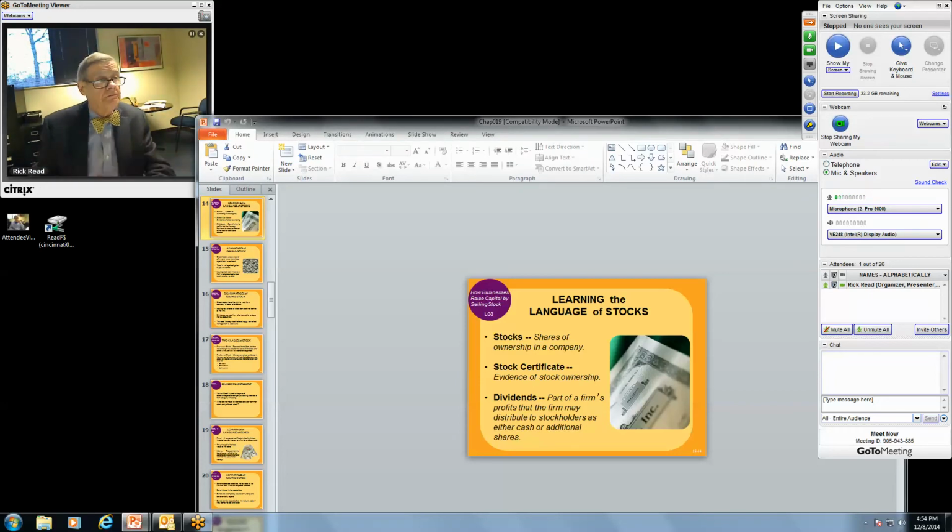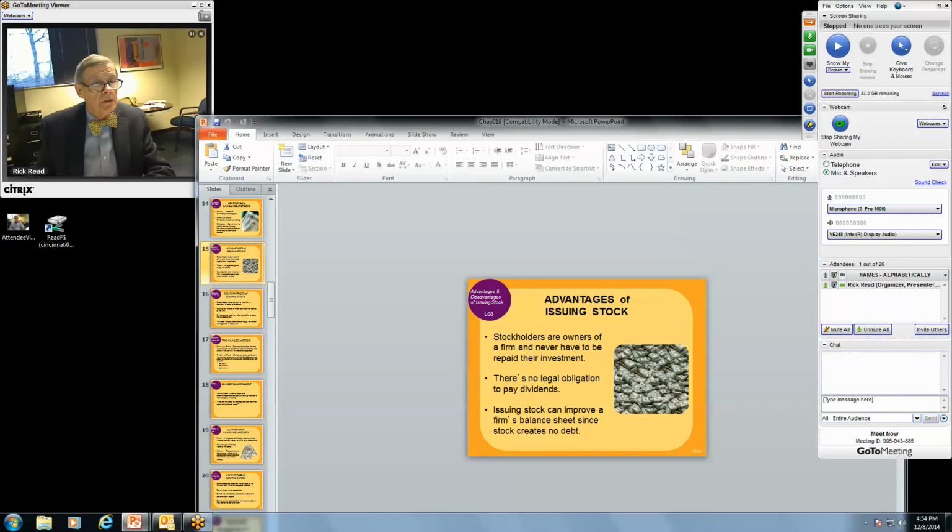Issuing stock is a good way for a company to raise money because the shareholders do not have a say in management, and they don't ever have to be repaid their initial investment, plus the dividends. And bottom line, because you're selling the stock, it's going to improve the company's balance sheet.